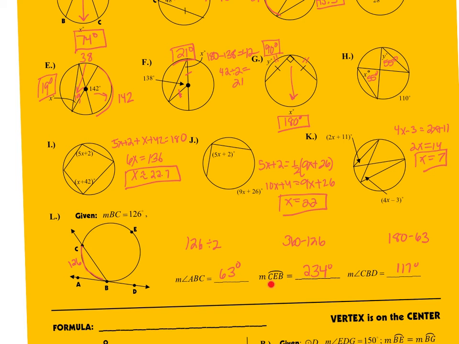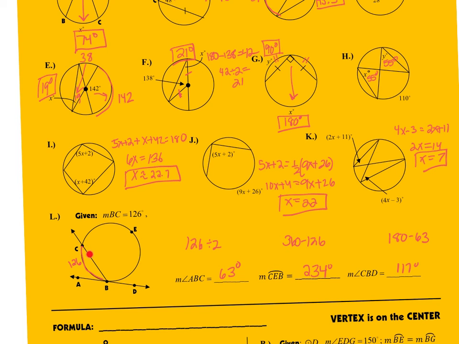It then asks us to find the measure of the arc CEB. So if this part was 126, then I'm going to have to take 360 minus 126, and then CEB will be 234. And then the last one there asks us to find the measure of angle CBD.